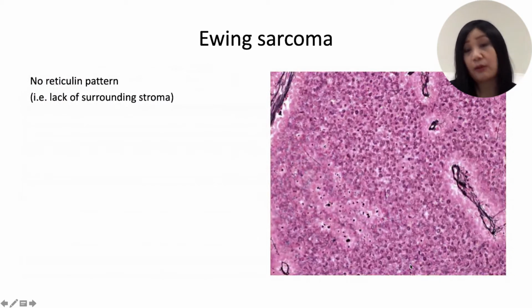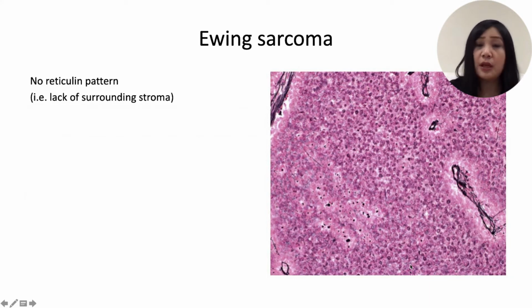An interesting or a helpful special stain that we can do. This is what Prof has always taught us, but Ewing sarcoma lacks any reticulin pattern. So this, I find this very helpful, that there is a lack of any surrounding stroma.